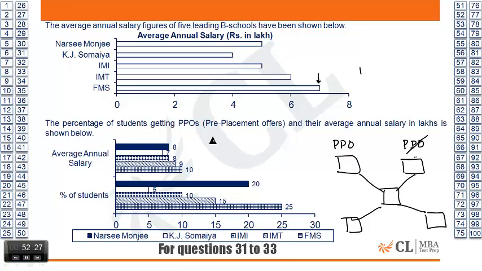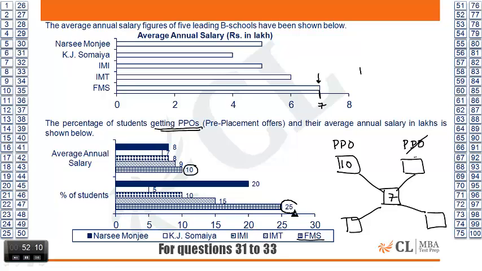So what is given? This is the students getting PPO. Students getting PPOs, their salary is, FMS is last year, no? Their salary is 10. The students getting PPO are at 10. Their average salary is how much? 7.